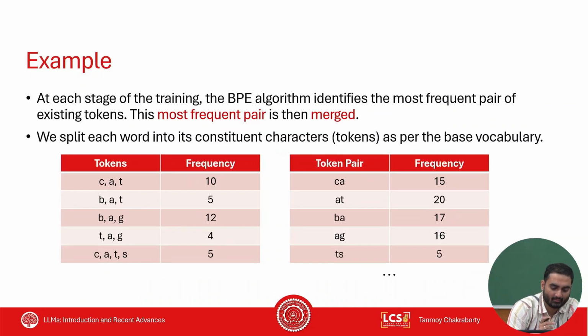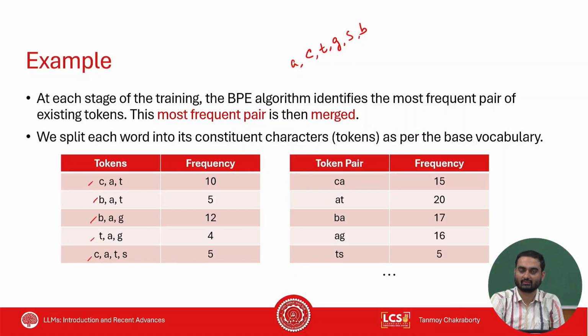So the words cat, bat, bag, tag, and cats are the tokens present. Initially, as I mentioned, the unique characters are part of the vocabulary. So C, A, T, G, S, and B are part of the vocabulary now.